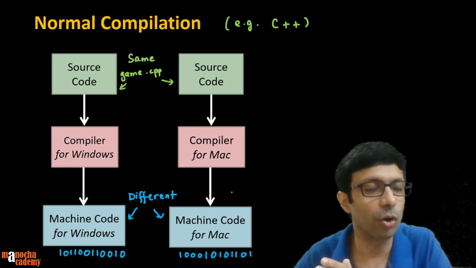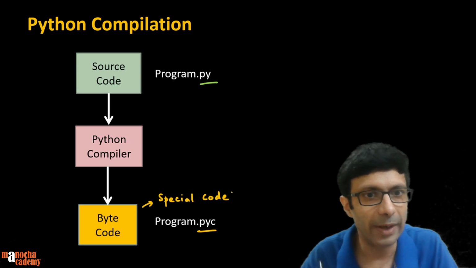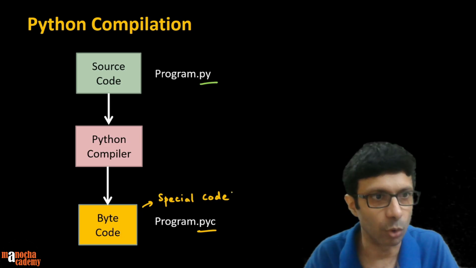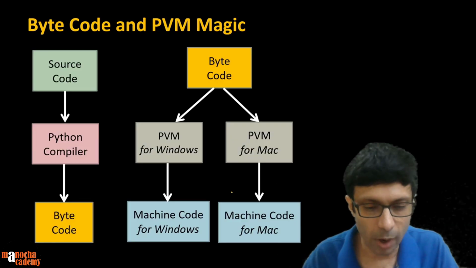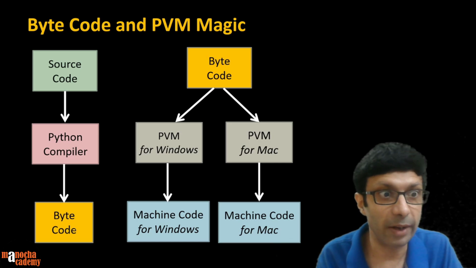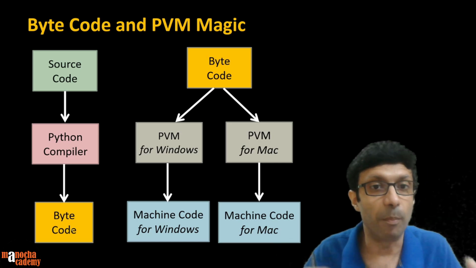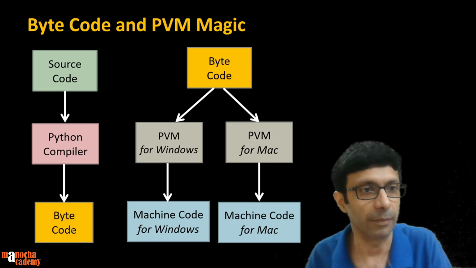That it will not work on the different machines. So what Python does is it converts it into an intermediate thing called bytecode. And let's see what is the magic of this bytecode. So what happens is that the bytecode is now not directly run on the machine. The bytecode is run by the Python virtual machine.